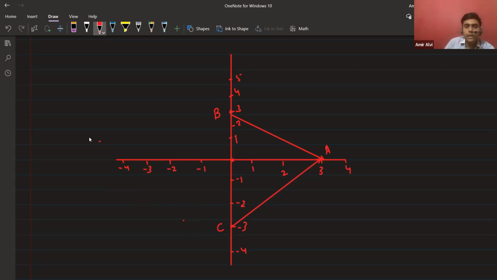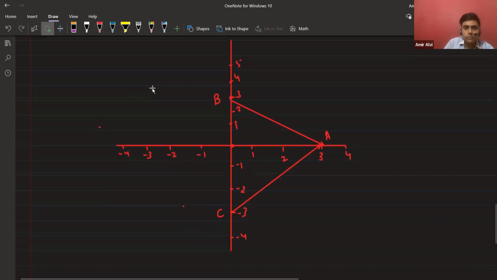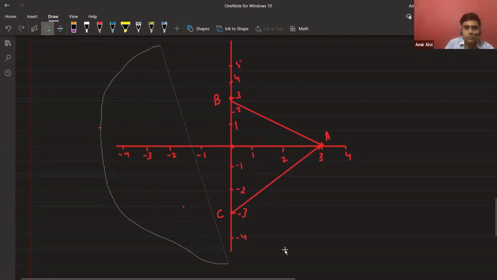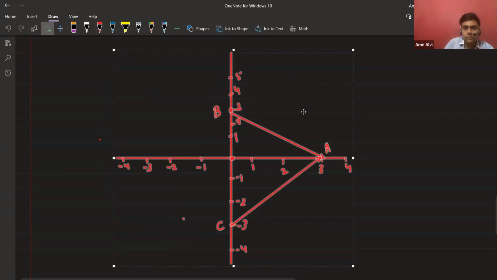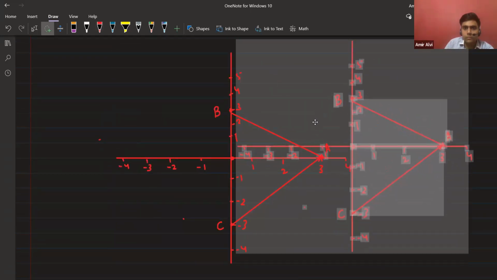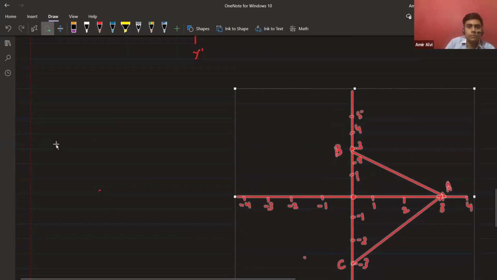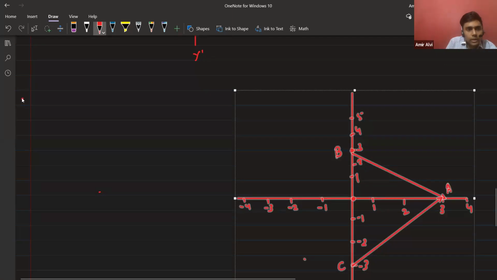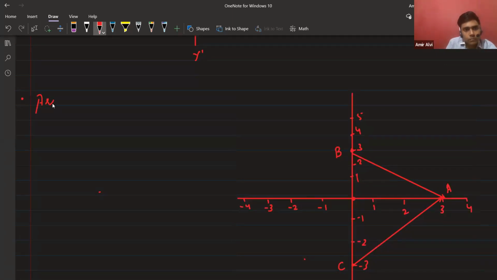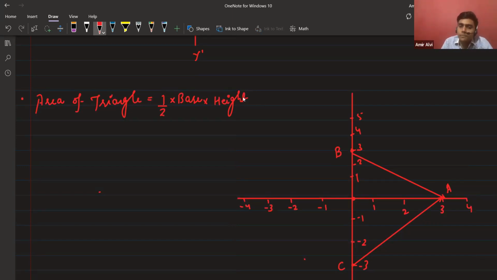So basically, dear, area of a triangle is half into base into height. So this is the formula.